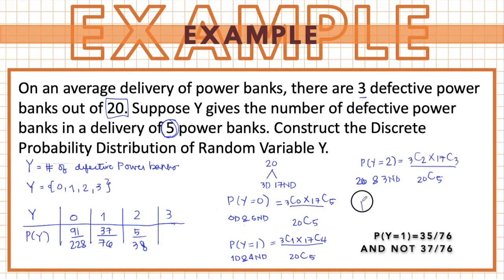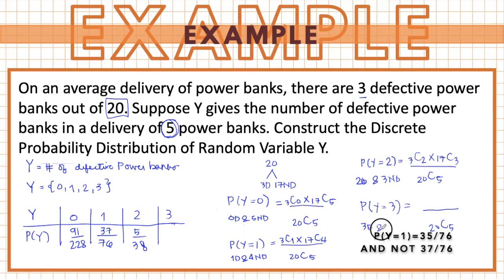Next, probability that y is equal to 3, the last random variable. So, again, the number of possible outcomes is 20 choose 5. And then, for the number of favorable, we should be getting 3 defective. So, dapat may makuhang 3 defective.